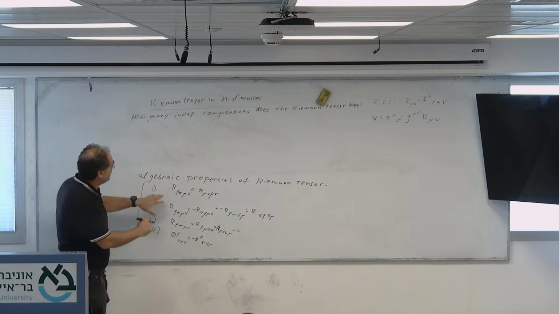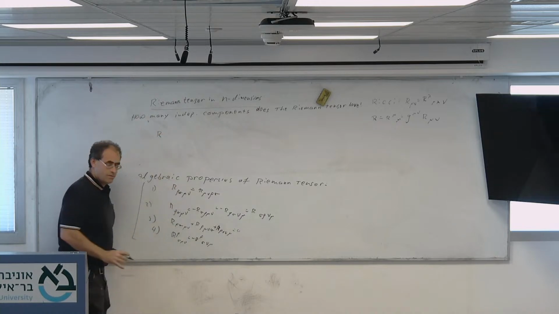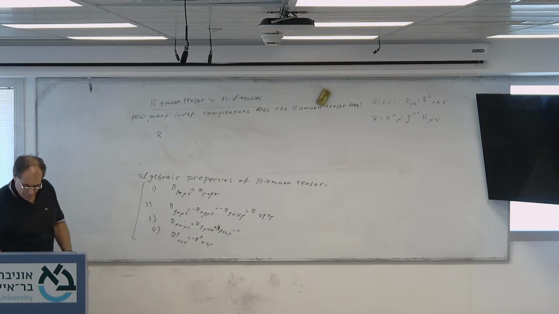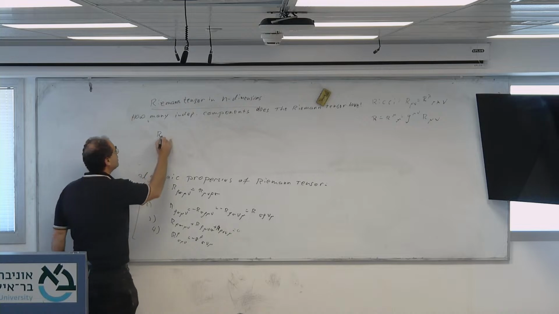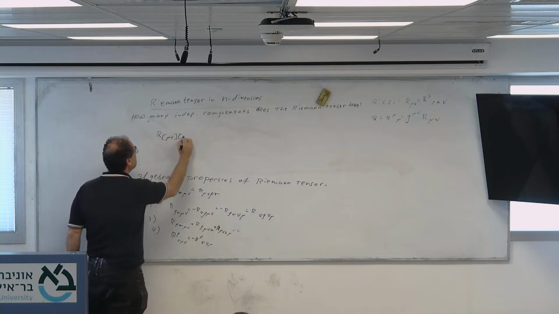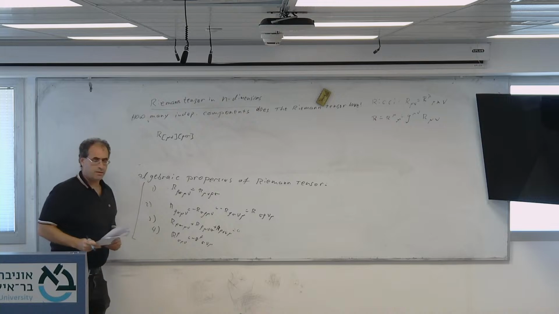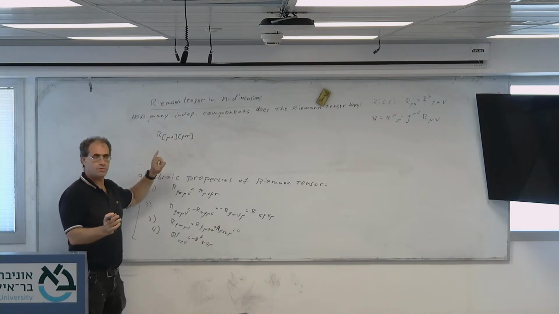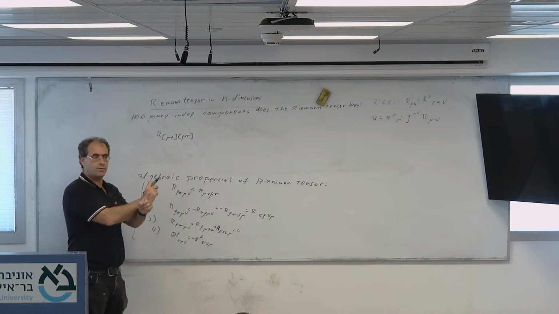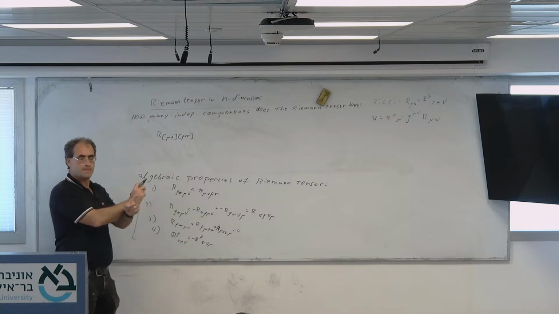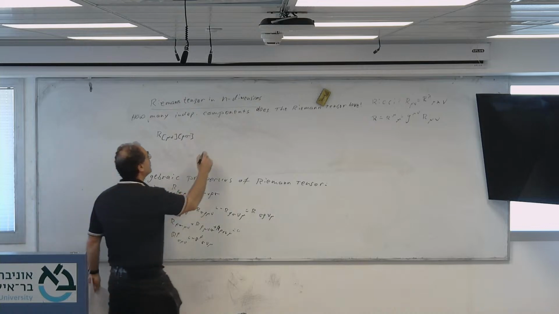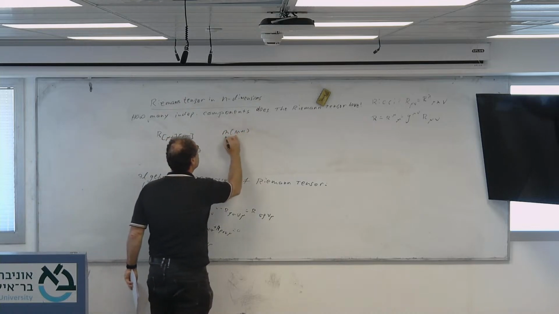Let's start with the symmetric one. R mu nu rho sigma: I can think of it as a matrix which, when I exchange the two pairs, is symmetric. So how many independent components would it have? M times M plus 1, over 2.